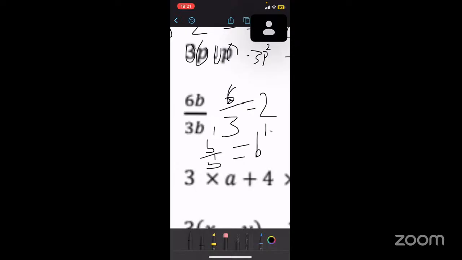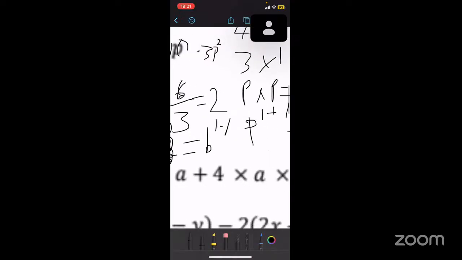B to the power of 1 minus 1, like that, because this is going to be subtracted from this, because these are the same bases. B and B are the same. So b to the power of 1 minus 1 is equal to b to the power of 0, because any number minus that very same number is equal to 0, okay?